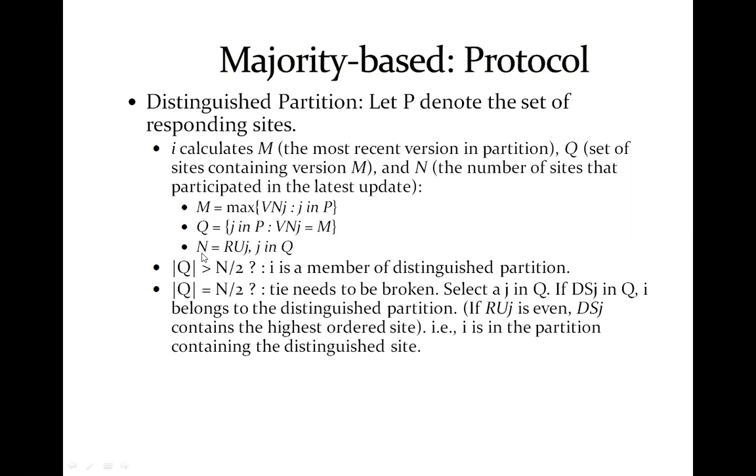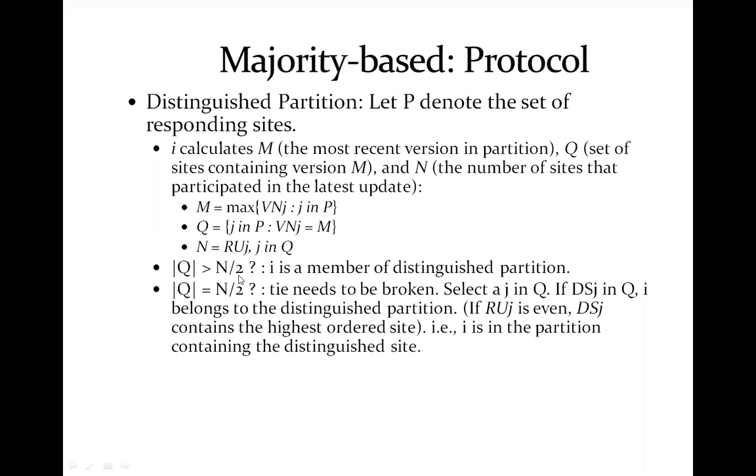N is the number of sites that participated in the latest update having the maximum version number. So if the number of elements in Q is greater than N by 2, suppose the value of N is 2, and Q is equal to 2, then naturally 2 will be greater than 2 by 2, that is 1.